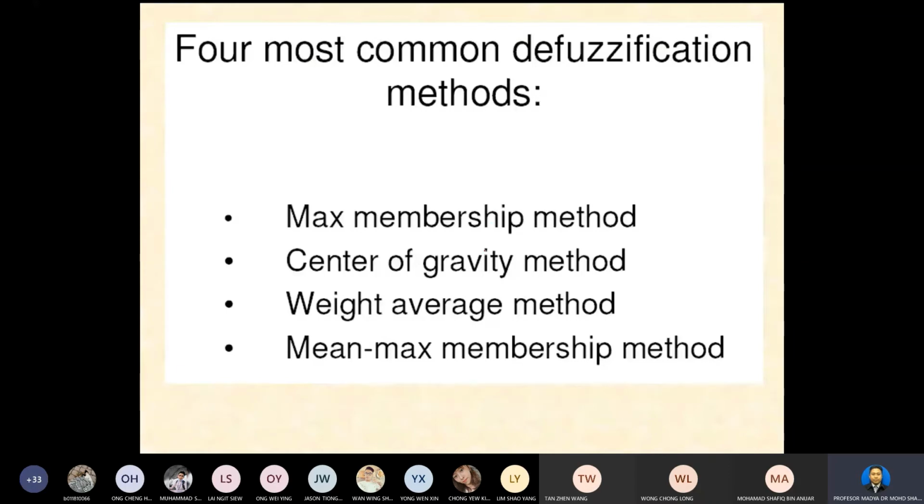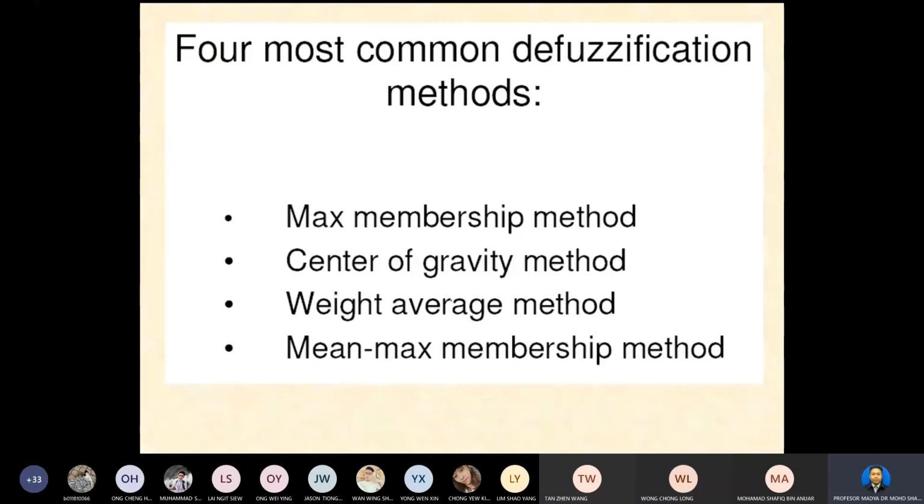We cover the max membership method, the center of gravity method, the weighted average method, and the mean max membership method.